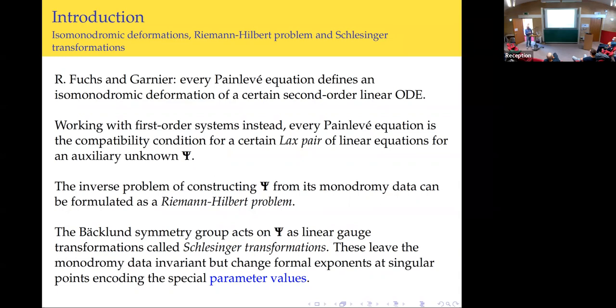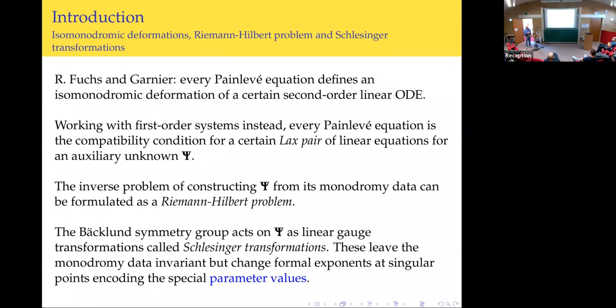Then for isomonodromy problems, you might think about knowing the monodromy group and trying to reconstruct the coefficients or build the differential equation from knowledge of the monodromy. And that inverse problem is frequently formulated as a Riemann-Hilbert problem in the complex plane.